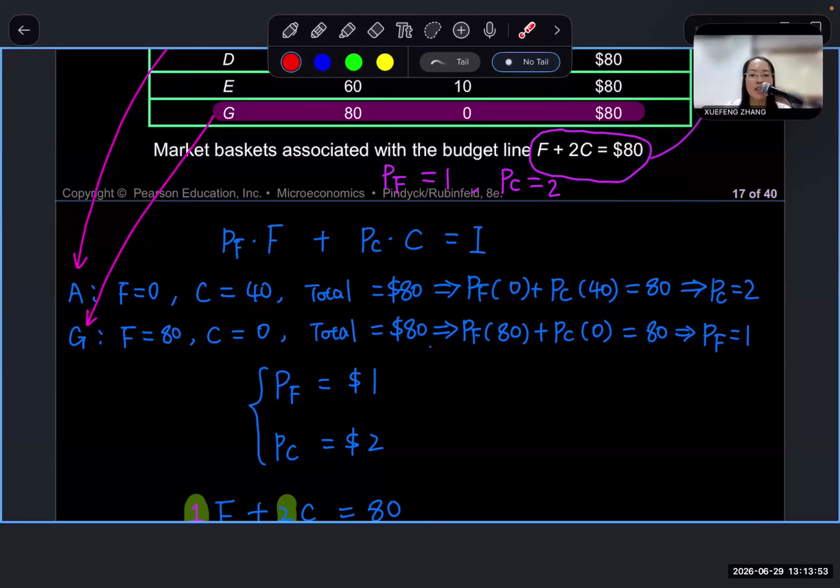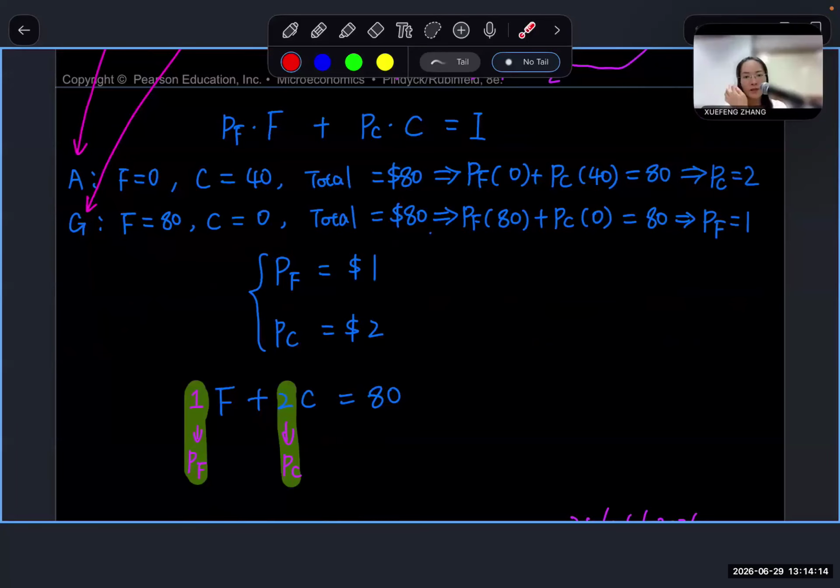MRS means the marginal rate of substitution, okay? How many units of Y you are willing to give up to get one more unit of X? MRS falls as you move right along the IC, which means diminishing MRS. We also covered three specific ICs.